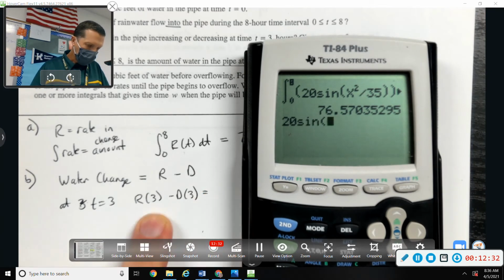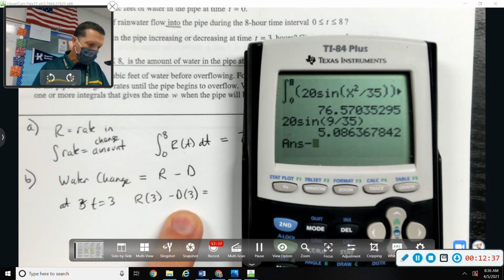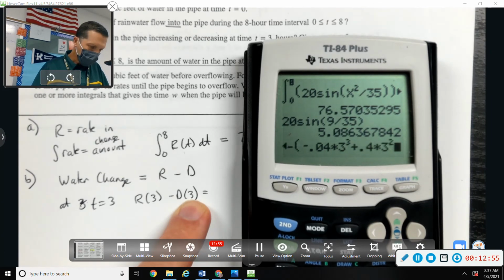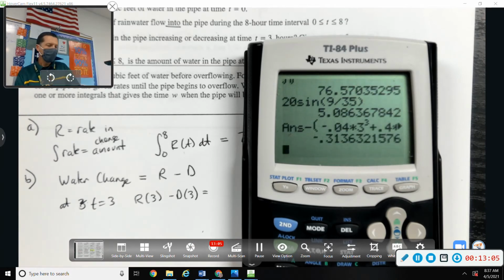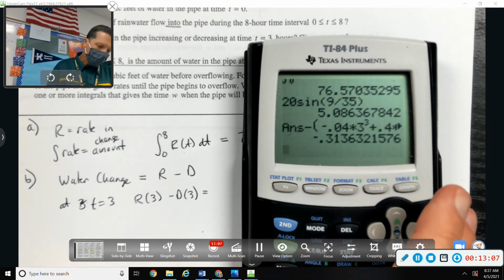20 sine 9/35 minus, that's going to be yuck, negative 0.04 times 3 cubed plus 0.4 times 3 squared plus 0.96 times 3, close parentheses, so negative 0.314.